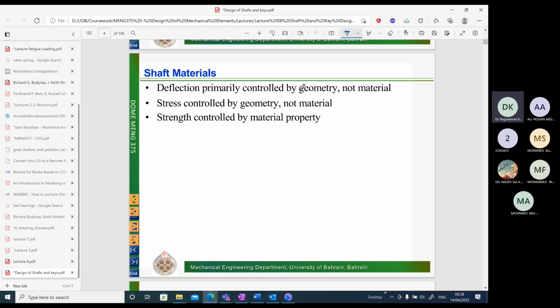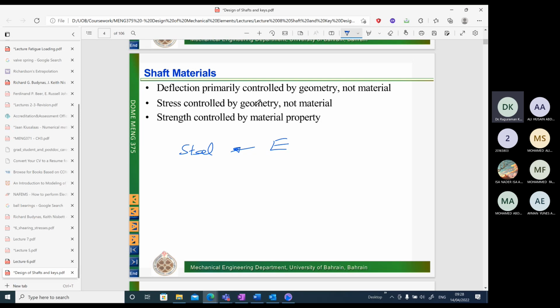However, generally we choose steel. Steel will always have a particular E value. No amount of alloying is going to change the E value for steel in particular. So this is why the value of E becomes a non-issue with respect to the deflection here. So we usually control deflection in steel shafts by controlling the geometry.